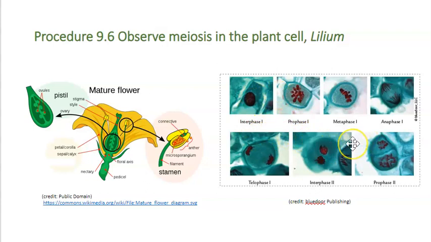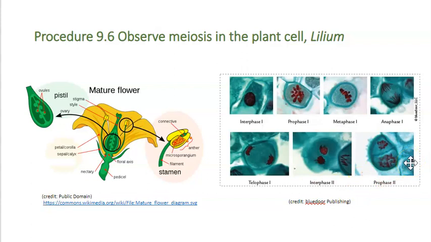We also have prophase 2, metaphase 2, anaphase 2, telophase 2 in the lab book. So do make sure that you're taking time and that you are able to identify each of these phases. And not only can you identify them, but you can talk about the important events that are happening in each phase. Again, are the cells diploid or haploid?